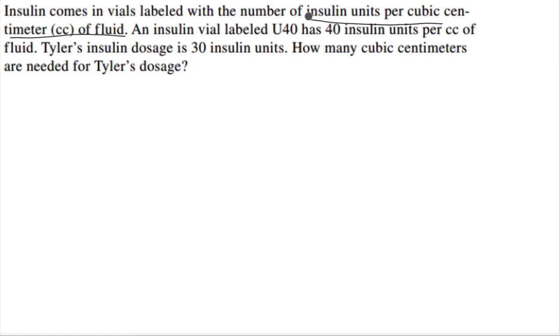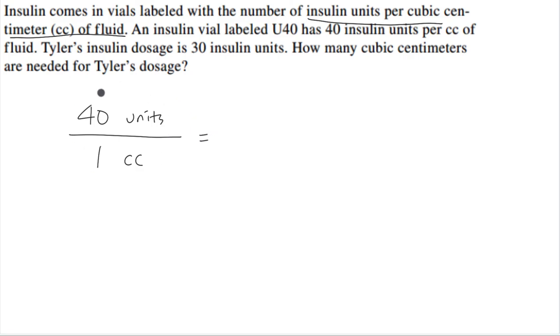So we are given U40 has 40 insulin units per cc, right? So 40 units per 1 cubic centimeter, 1 cc. Per cc of fluid means per 1 cubic centimeter.